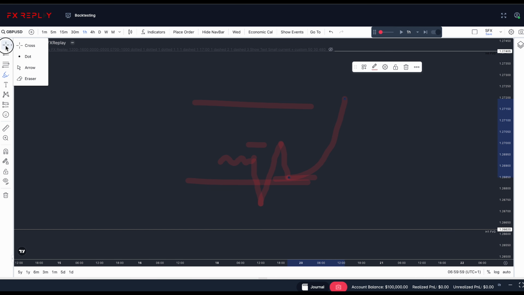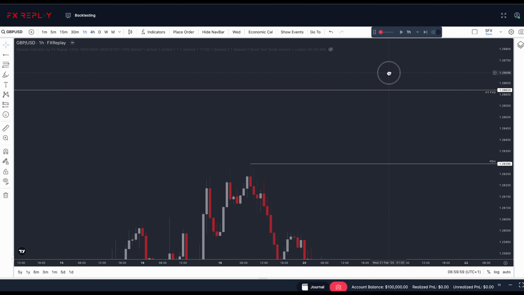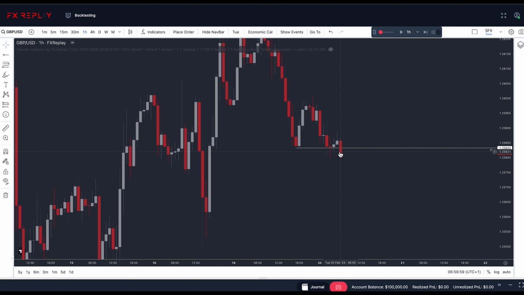Okay, so this is exactly the thing we're going to do. Let's dive in. Currently in H1 we have a break of the PDL. We raided it, as you can see, in the Asian session already. We have an H1 fair value gap down there, so I'm going to mark that up.